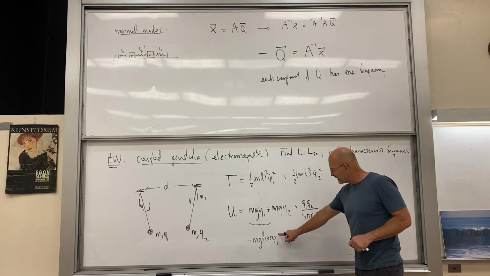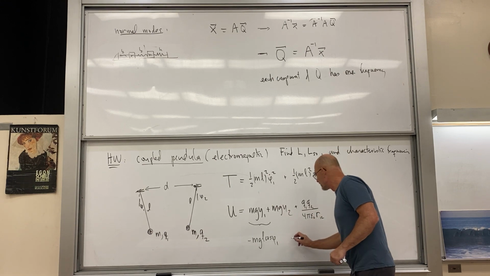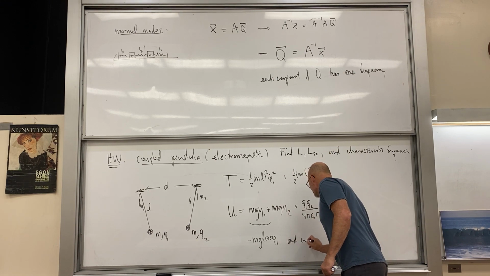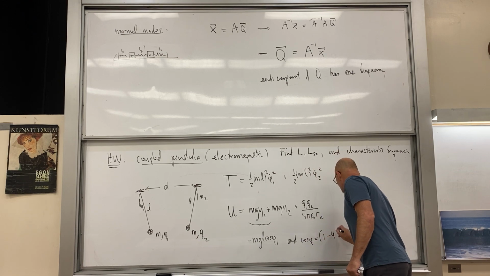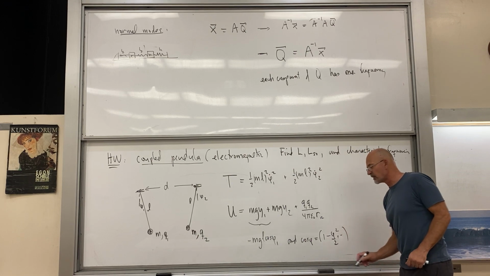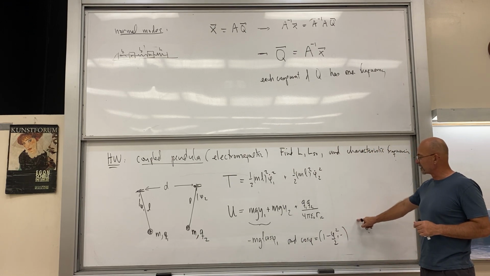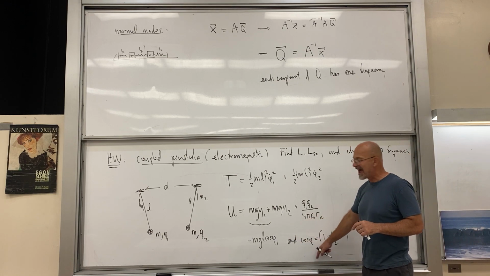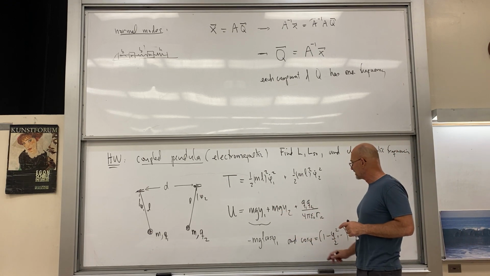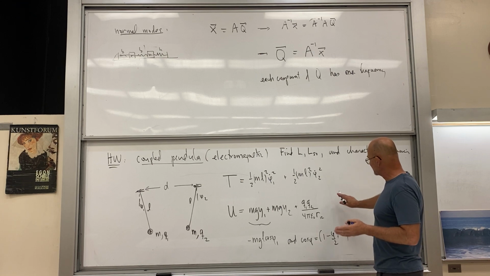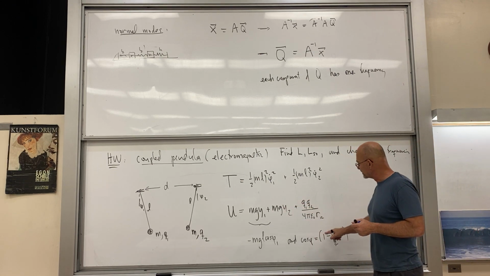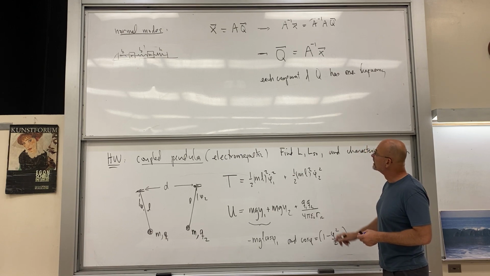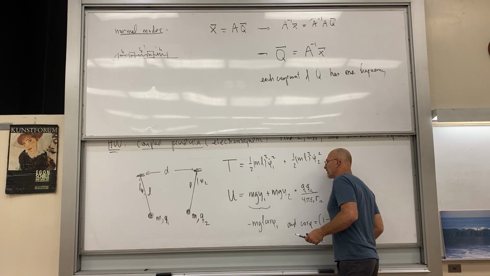When you expand this to second order, generally, cosine of phi is 1 minus phi squared over 2 plus smaller terms. So that's when you expand the cosine. It's not going to give any trouble, and you can add and subtract constants as you need. But eventually, we're going to want that stereotypical potential energy. So this is going to cause no difficulty. This here we're going to work on a bit more as well.